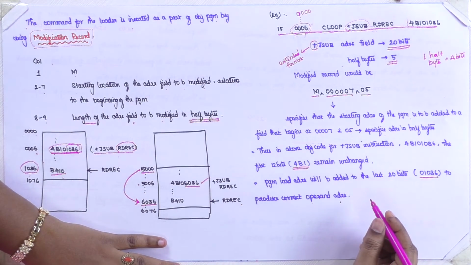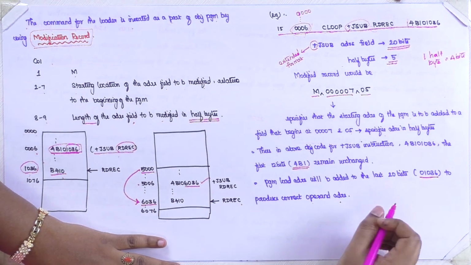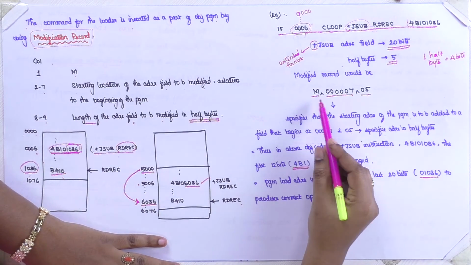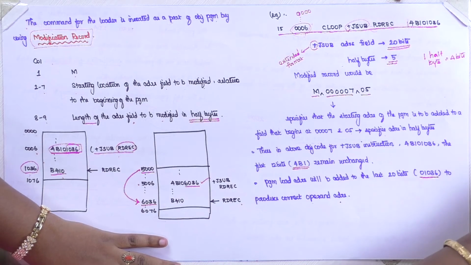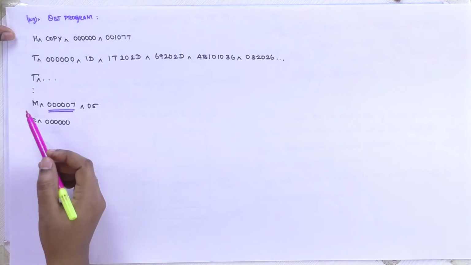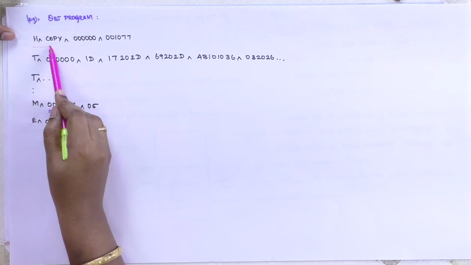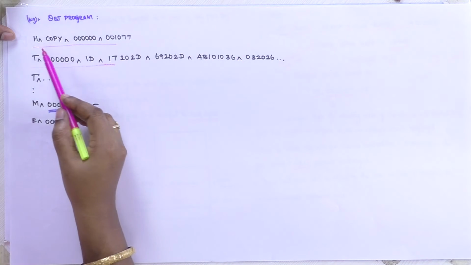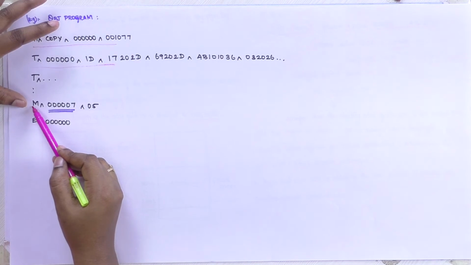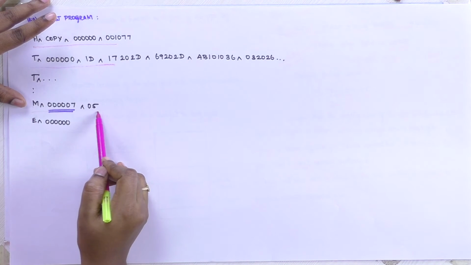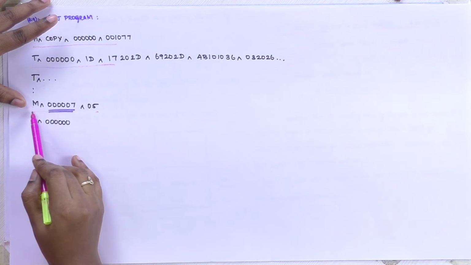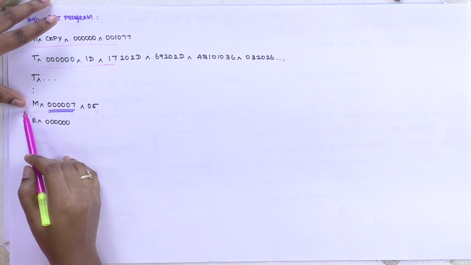So now let us see the respective object program and how this modification record is inserted in our object program. This is our object program. This is the header record of the program and this is the text record. At the end of the text record, before the end record, we will write the object modification record.